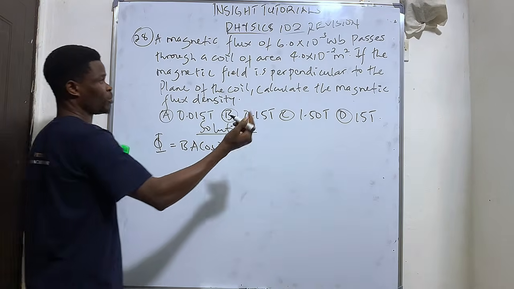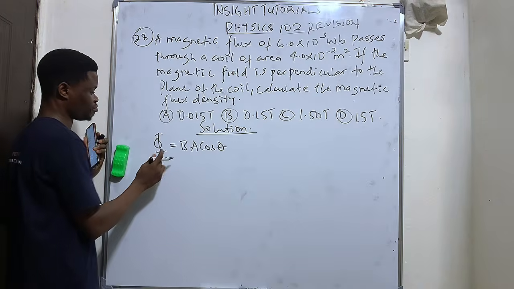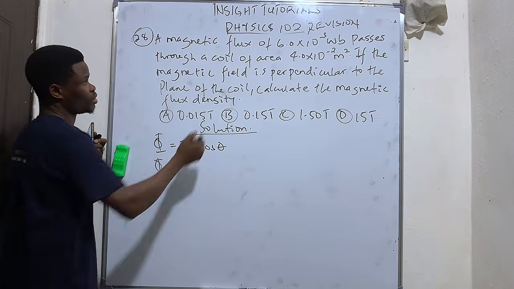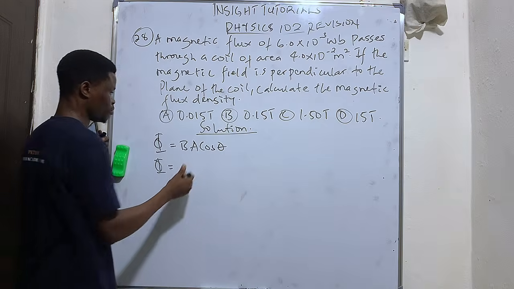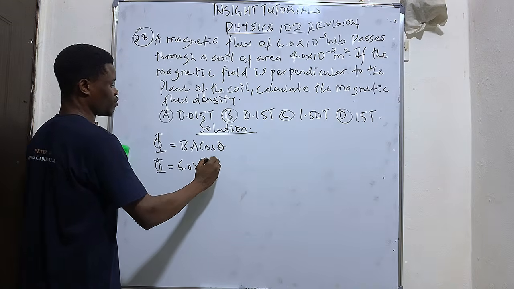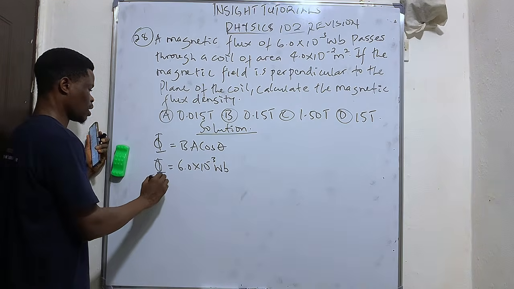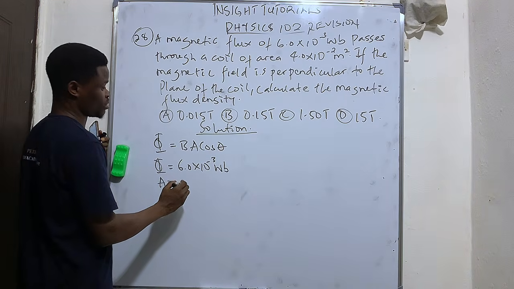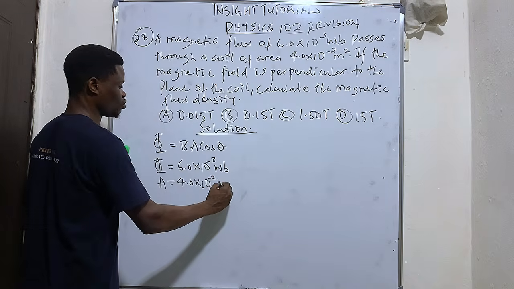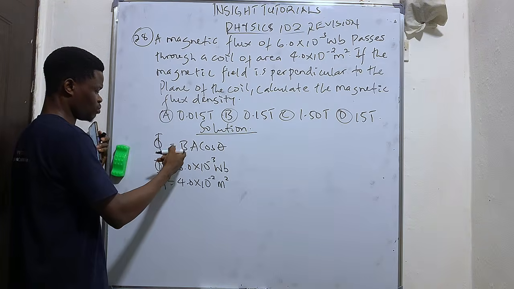Before that, let us start with what we are given. We are given our magnetic flux as 6.0 times 10 raised to the power of negative 3 Weber, and our area as 4.0 times 10 raised to the power of negative 2 meters squared.